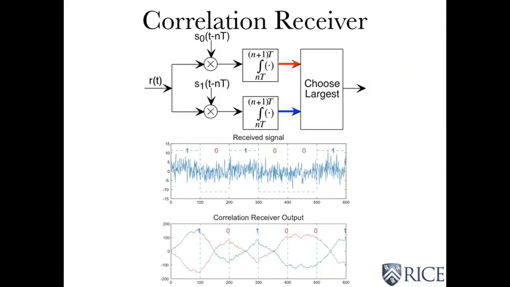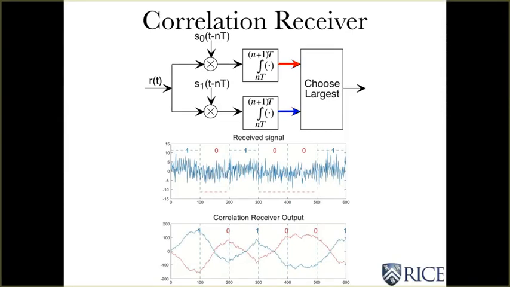So you send our very noisy signal through our correlation receiver, and the first thing that strikes you is how amazingly clean it is. The noise has been greatly reduced. It's just astounding. And again, the blue signal here corresponds to the 1, the red signal corresponds to the 0. You can see that when the bit was a 1, the S1 part of the receiver goes up dramatically.